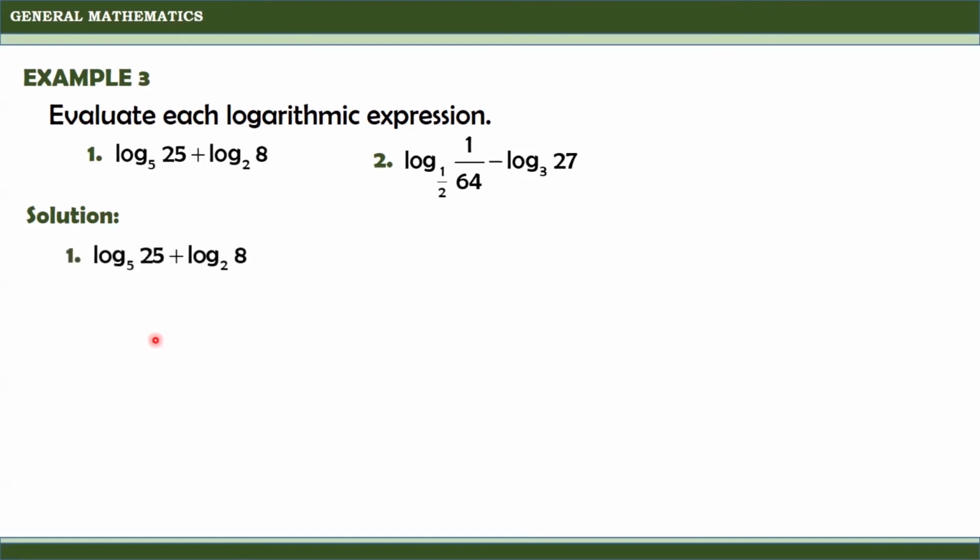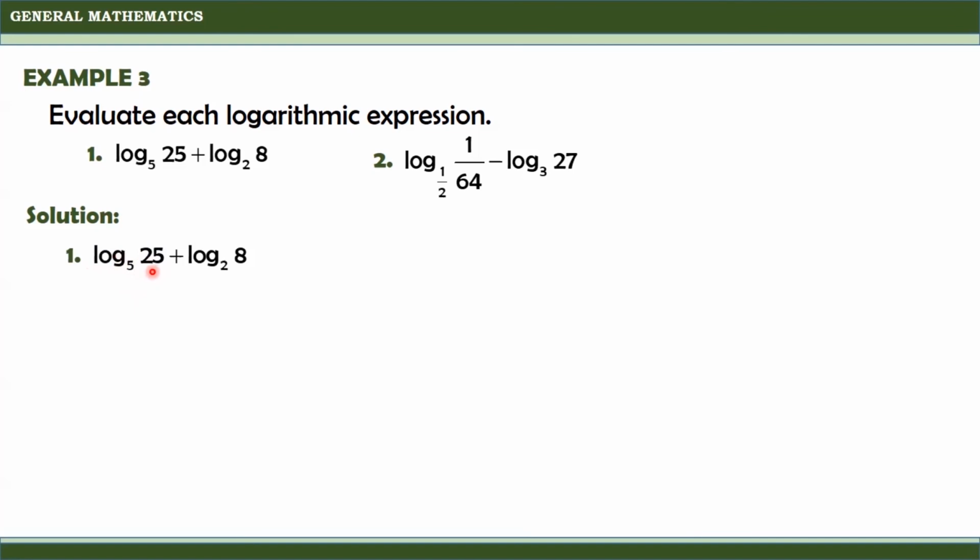For the first one, logarithm of 25 to the base 5 plus logarithm of 8 to the base 2. Looking at the first term, remember that when you are asked what is the logarithm of, it is the same as being asked what is the exponent of. Meaning, imagine that you were asked what should be the exponent of 5 to have 25.